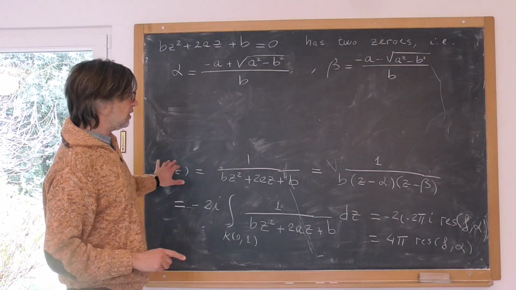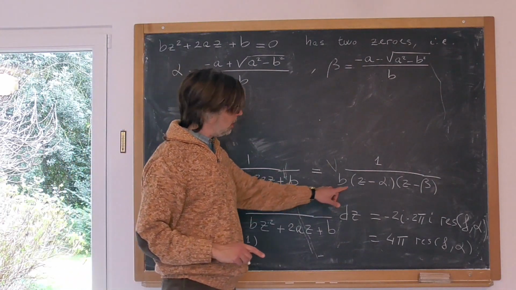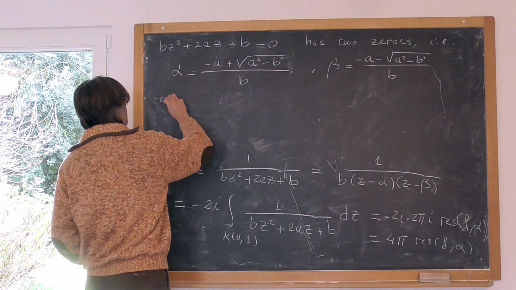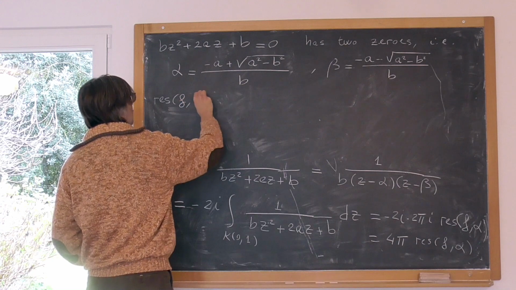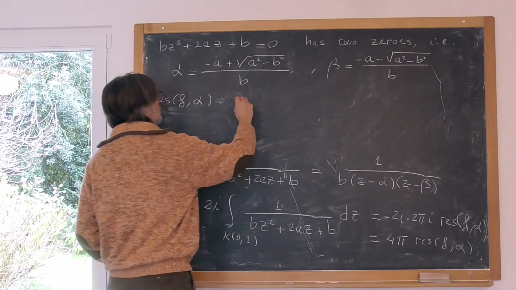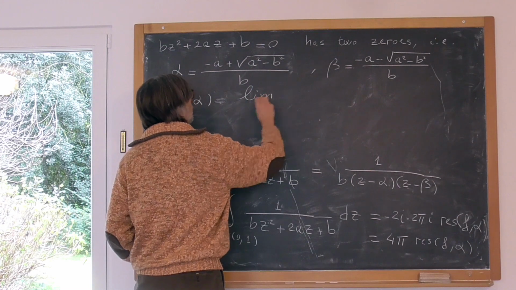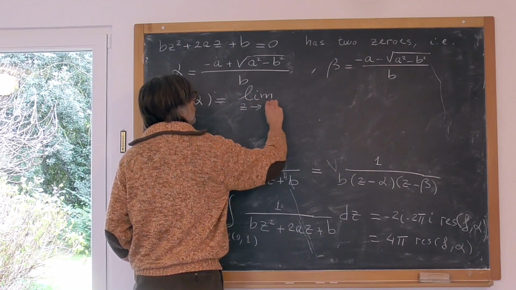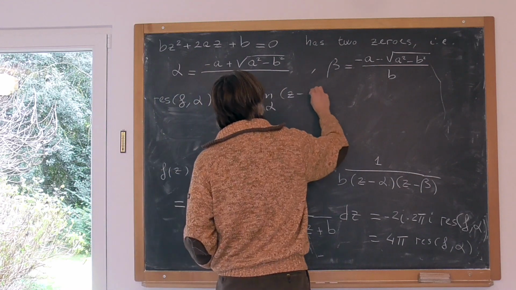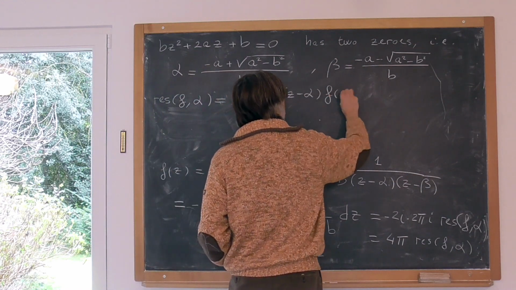So this holomorphic function has a simple pole at alpha, and we know that the formula for the residue of f at alpha, in the case of a simple pole, is just the limit for z converging to alpha of z minus alpha times f of z.